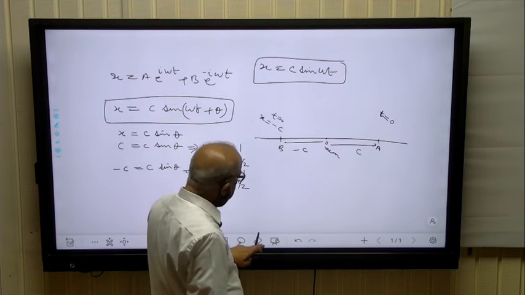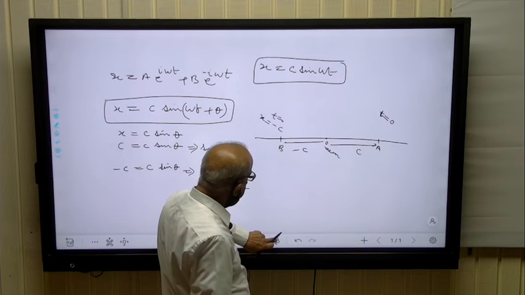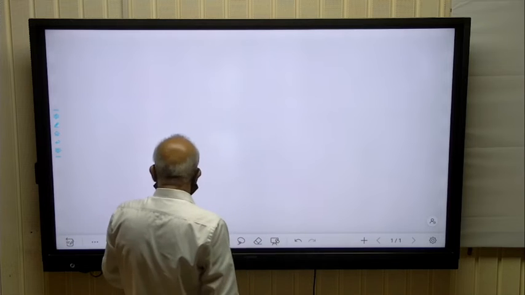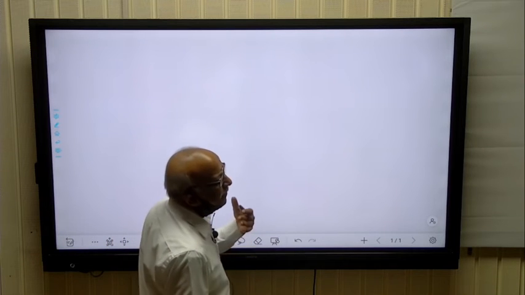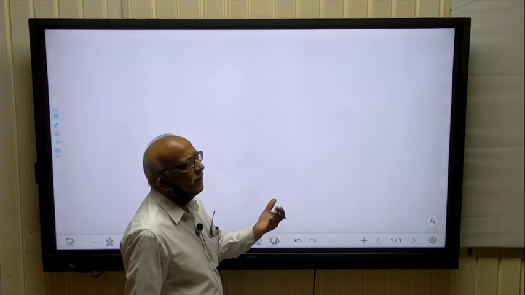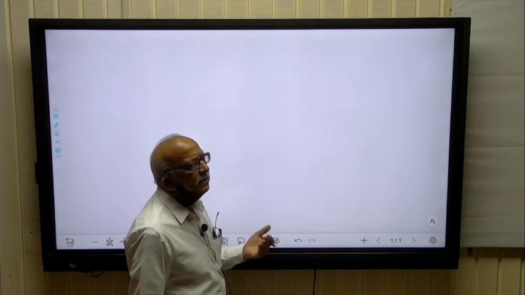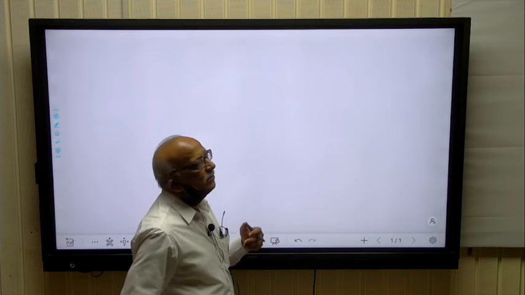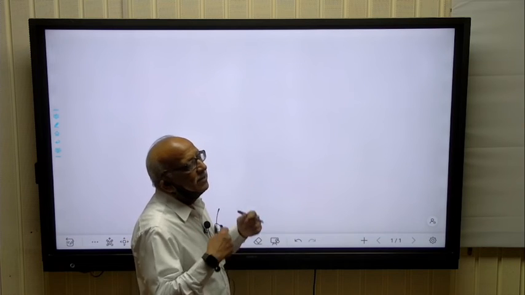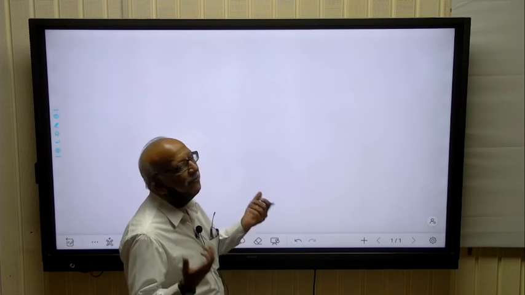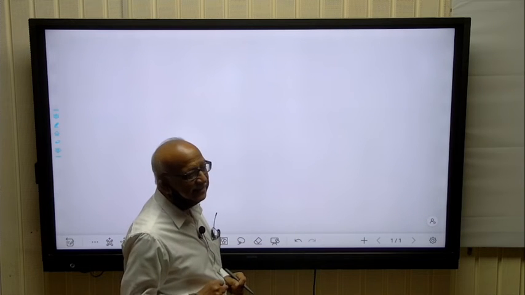Okay. Now, we come to some other values which are related to motion. We know that the particle is moving, therefore it should have some kinetic energy.